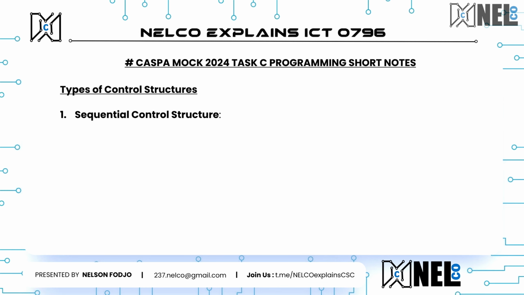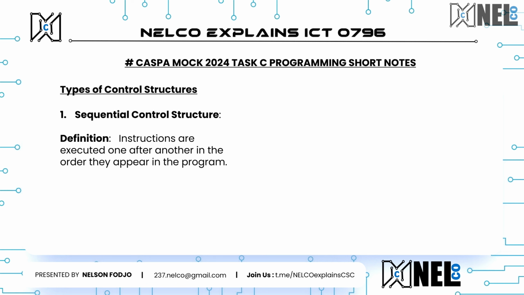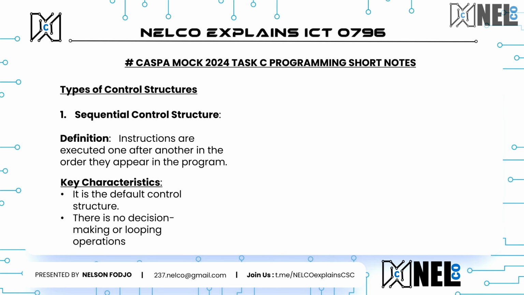Now let's look at types of control structures. The first control structure we have here is the sequential control structure, which is instructions executed one after another in the order they appear in the program. The key characteristics of sequential control structures are that they are the default control structure and there is no decision making or looping here.